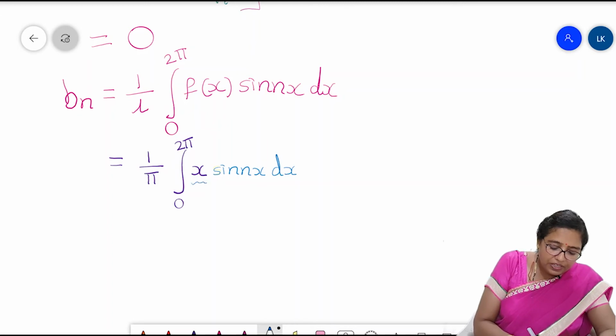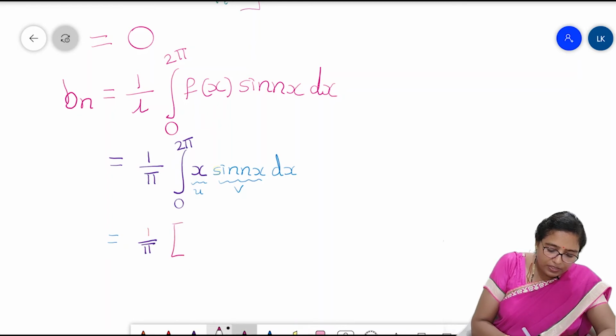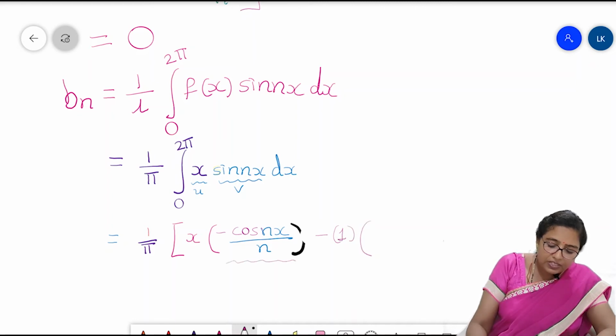That means we take the value of u as x and the value of v as sin nx, equal to 1 upon pi, u as it is. Integration of sin nx is minus cos nx upon derivative n, minus the derivative of x, which is 1, and integration of the bracket with sine.